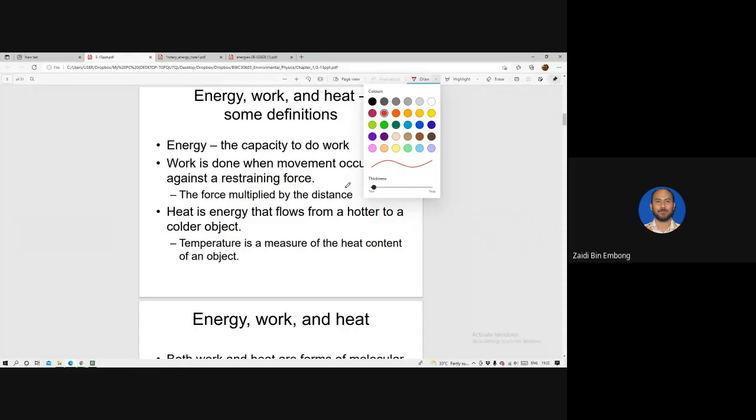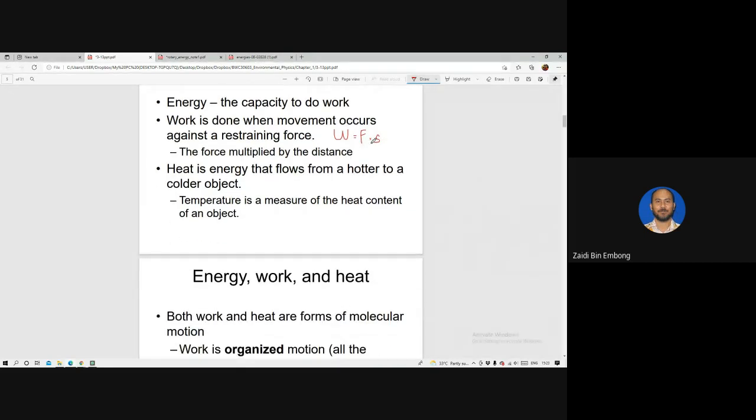We write the work as W equals force times displacement, W = F · S, whereby this is the work, this is the force, and this is the distance or displacement.